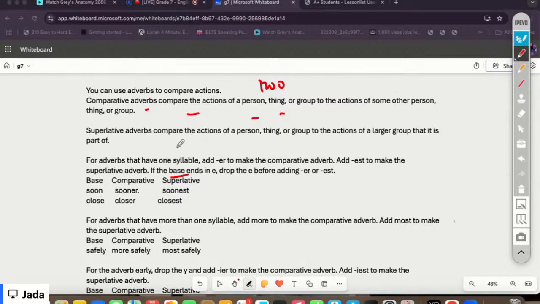Okay. For adverbs that have one syllable, you need to add er to make them comparative, and you add est to make the superlative adverb. So for the comparative, you're adding er, and for the superlative, you add est.